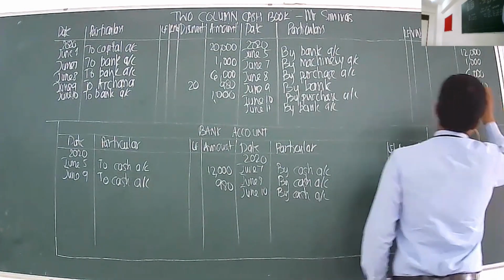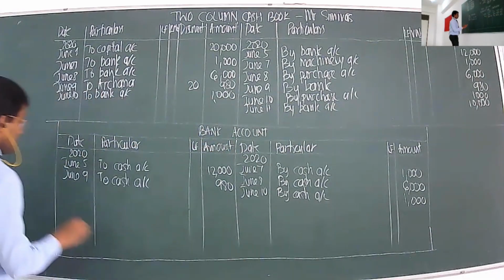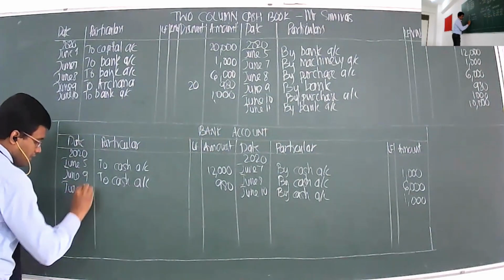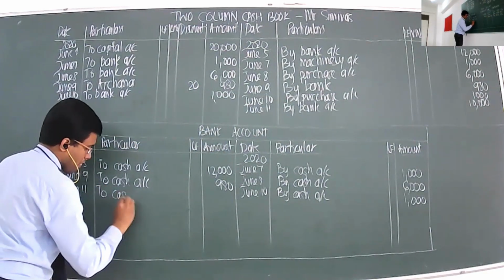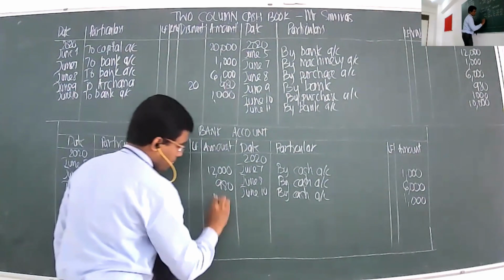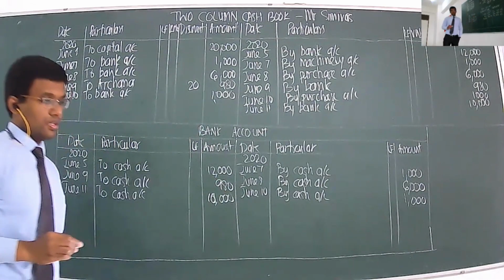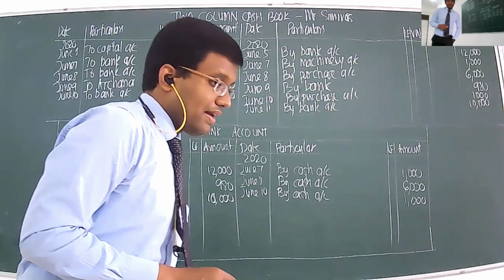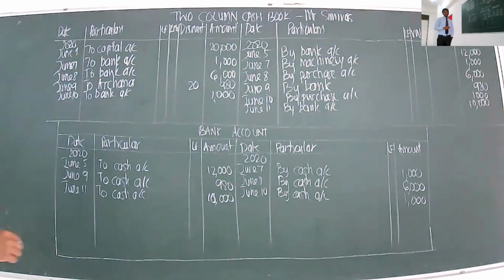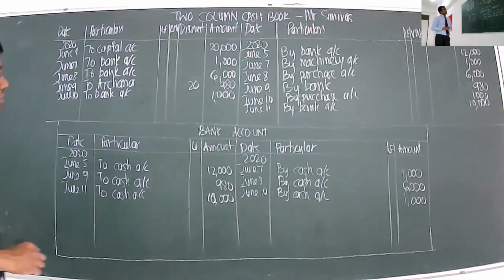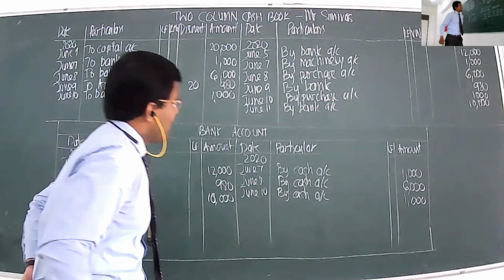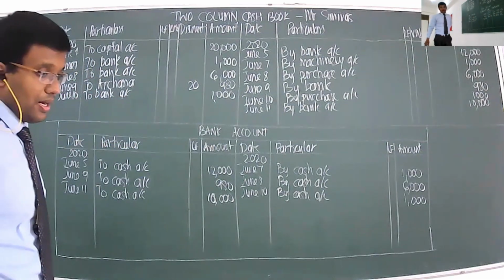Okay, and here June 11th to cash account, 10,000. Next one, paid Nandini 450 in settlement of her account for 480 by check. So here you're making a payment.